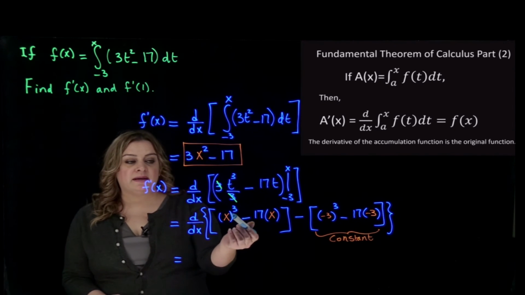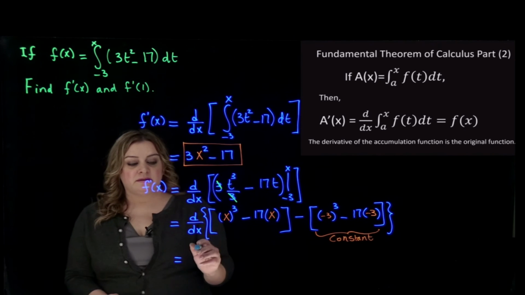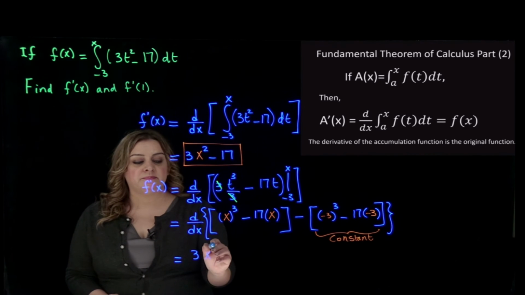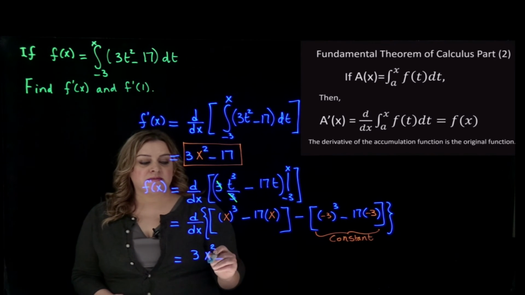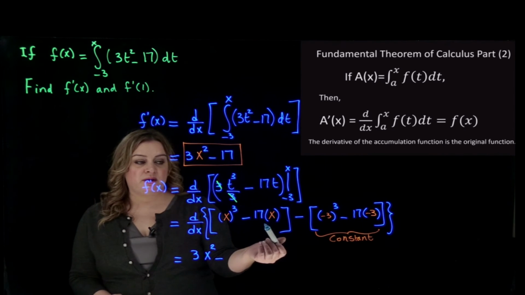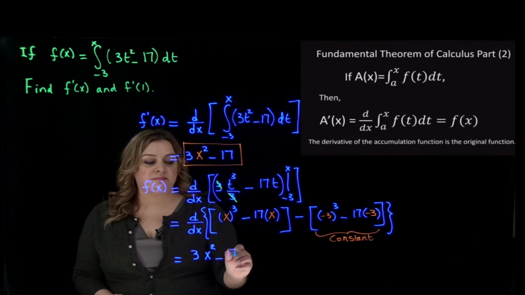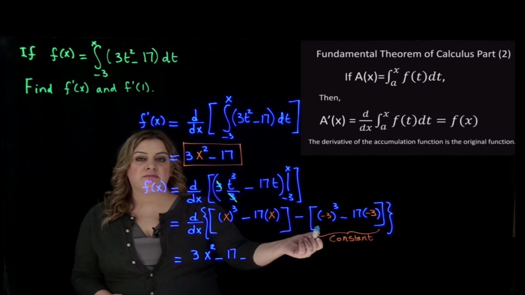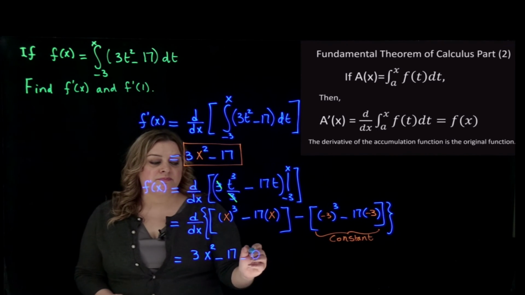The derivative of x cubed with respect to x will be 3x squared, minus the derivative of 17x with respect to x, which will be 17, and the derivative of a constant is 0.